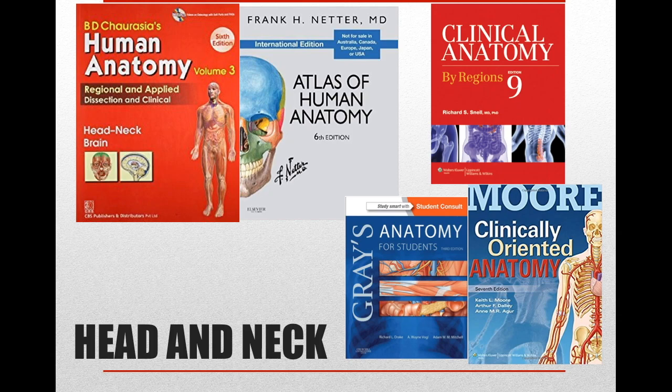Then you also have clinical anatomy by Snell, you have Grays, you have Grays for students, and you have more, that is KLM. But I felt that it was too much for me. So I just went for human anatomy, and whenever a friend suggested another book had something in a better way, I got that part photocopied.